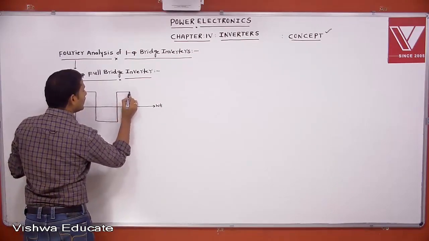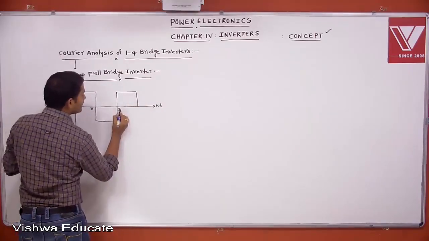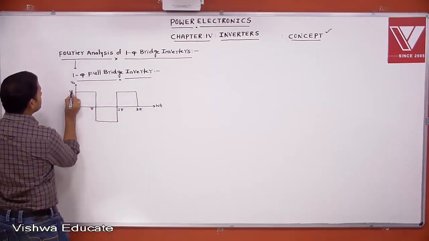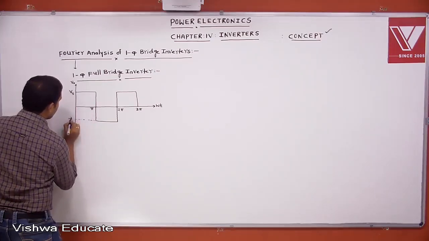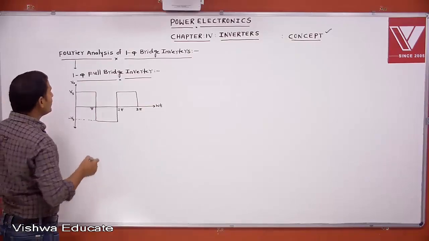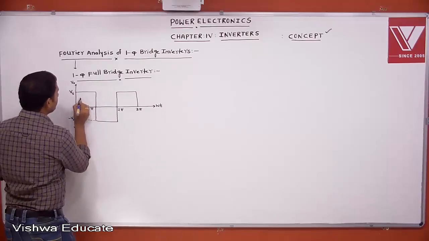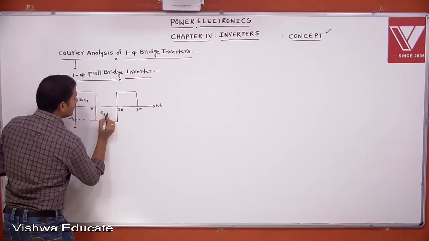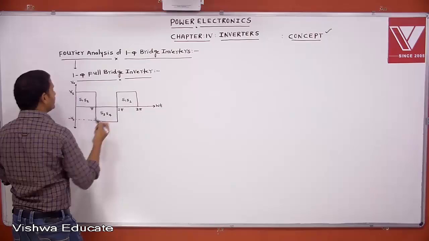And this is the output voltage waveform. Let this be pi, this is 2 pi and this is 3 pi. Let this be plus Vs and this is minus Vs. Full bridge inverter means at a time how many switches are conducting? 2 switches. Here S1, S2 is conducting, then S3, S4, again S1, S2 is conducting.